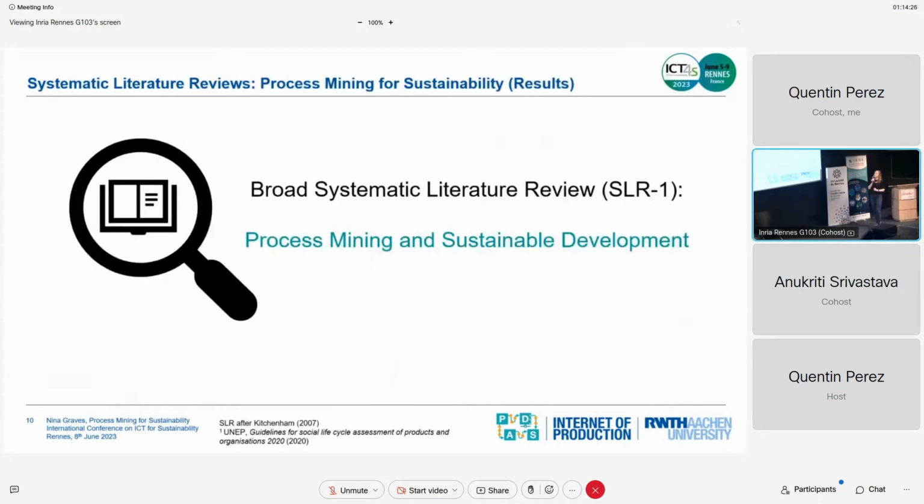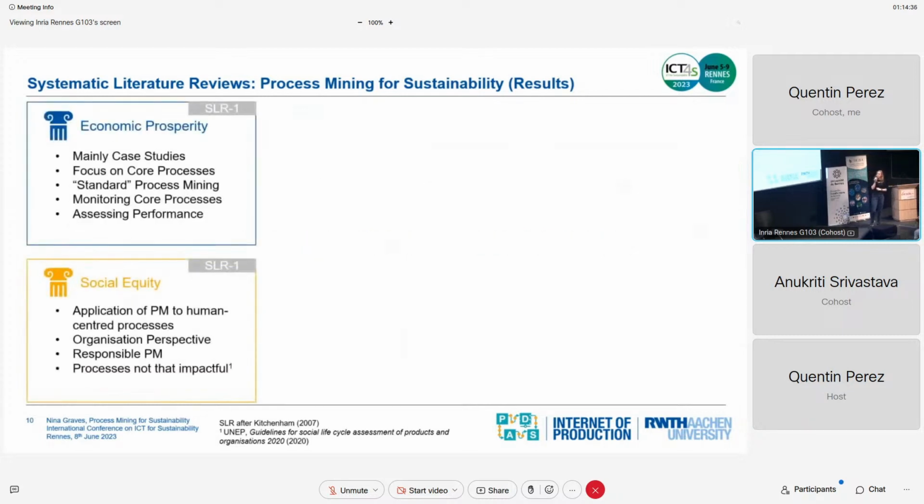And that's why we performed two systematic literature reviews. The first one was on the very broad area of process mining and sustainable development. We organized it into the different pillars. The economic pillar, I think it's pretty self-explanatory why process mining affects it.